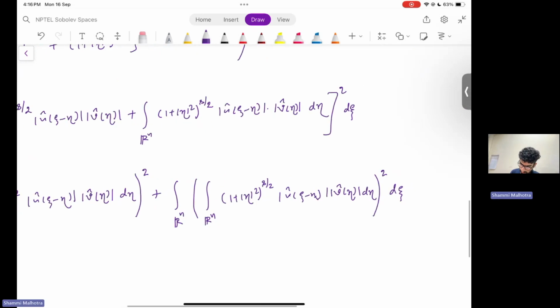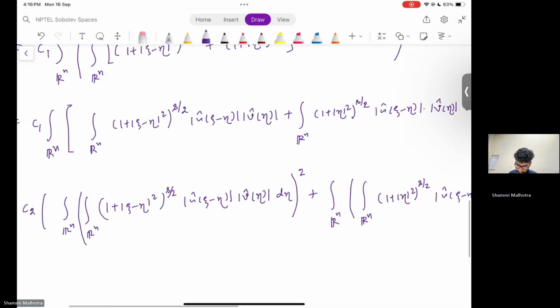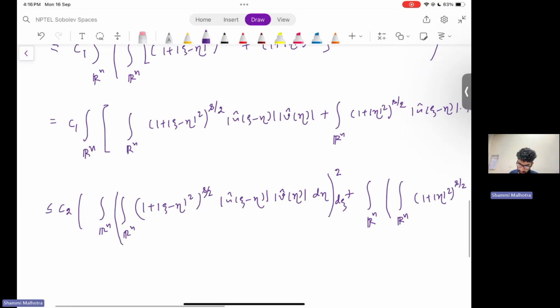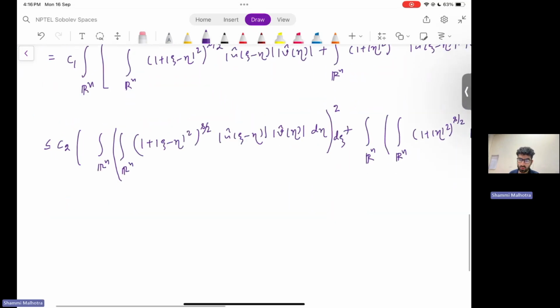And d eta is also here. And now what we try to do is use the Cauchy-Schwarz inequality here.